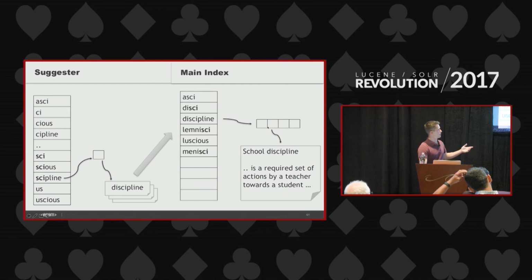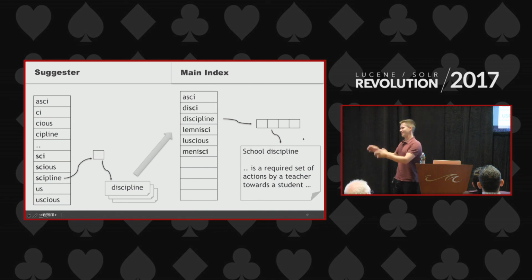We have a document about school discipline. We analyze it, and we have discipline as a term in our main index, but then we feed it as a separate document into the analyzing infix suggester, and it builds all suffixes. So when we search for sky, we return this discipline, and then we search for discipline. That's how it works.